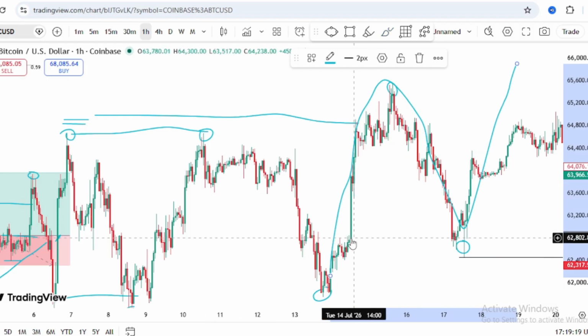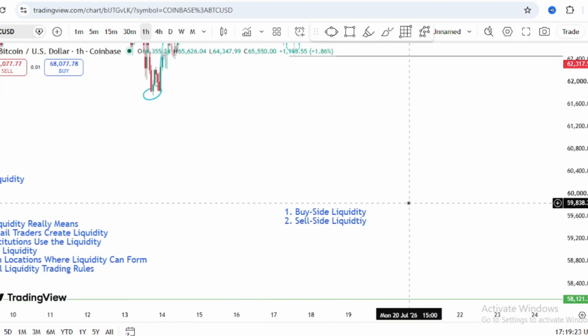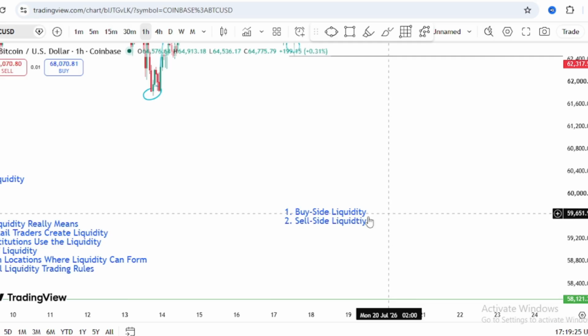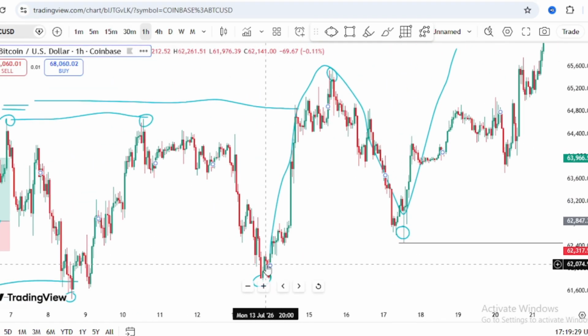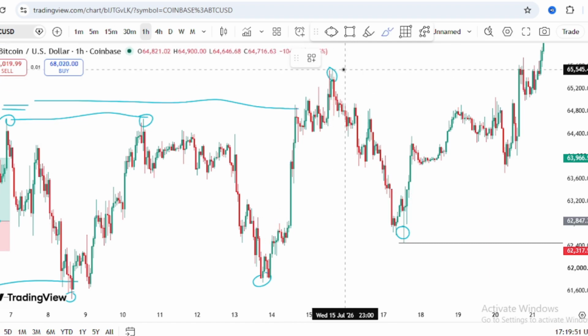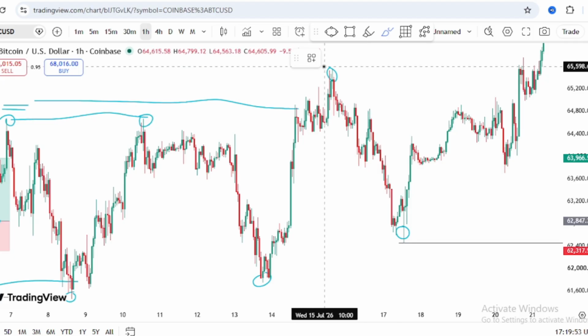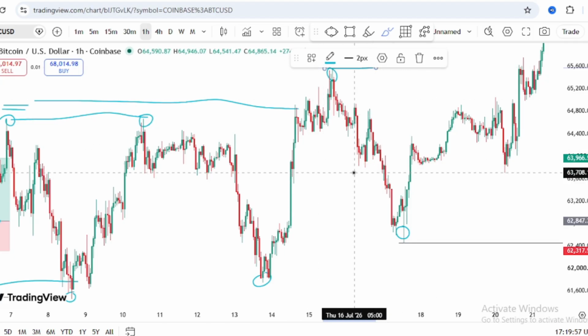Before we continue, let me show you the types of liquidity. We have two types of liquidity: buy side liquidity and sell side liquidity. Buy side liquidity is usually above highs, just like in this point.